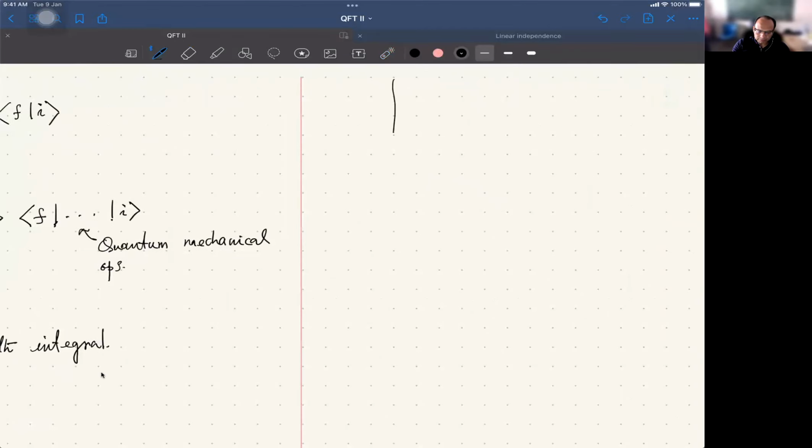Pictorially, it would look like the following. This is t, this is x, and you have the initial point and the final point, and then there are paths. This is the integral you are calculating. So this is t_i and this is t_f.